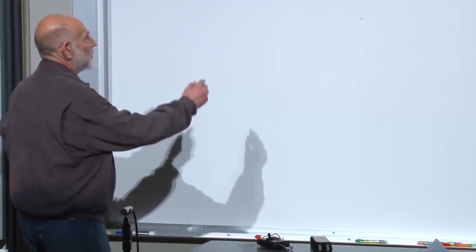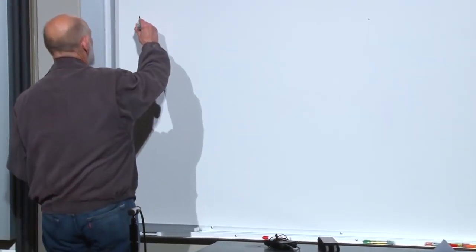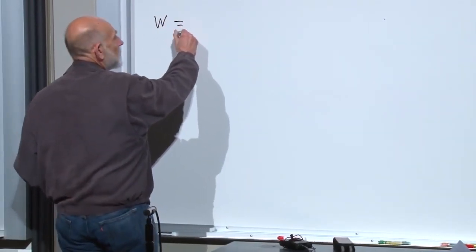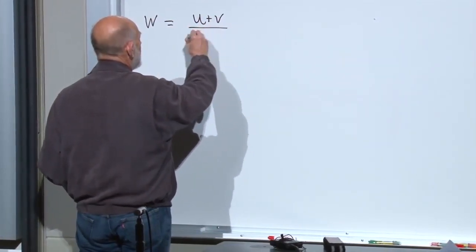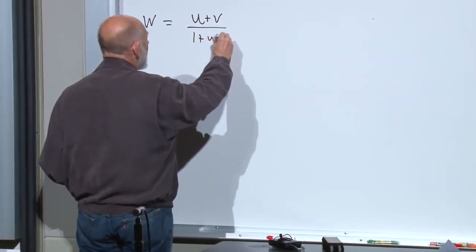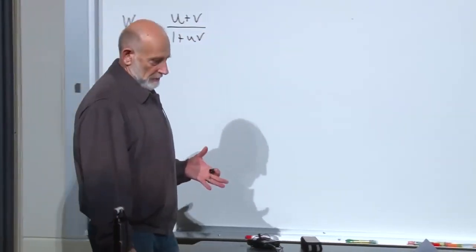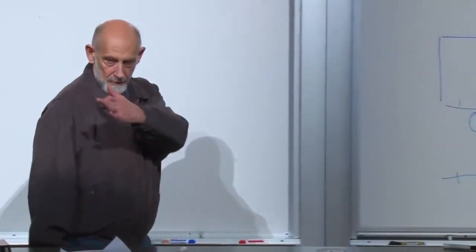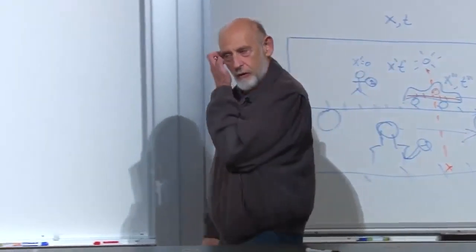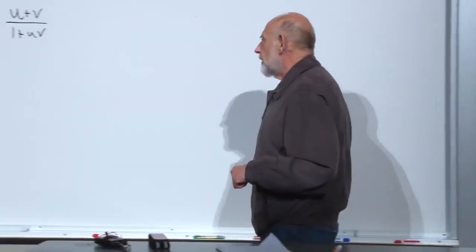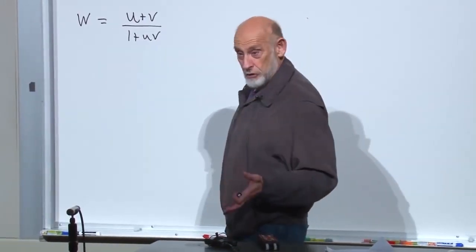Okay. So the speed w is equal to u plus v divided by 1 plus uv. And now if I want to restore the units, just to answer your question again, if we set the speed of light equal to 1, of course, we're working in units in which velocities are dimensionless.